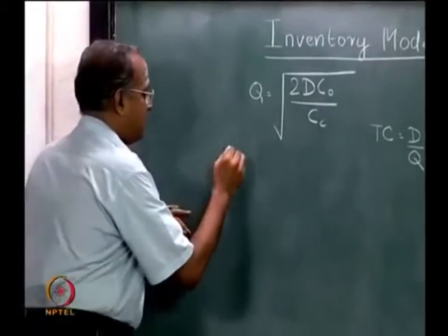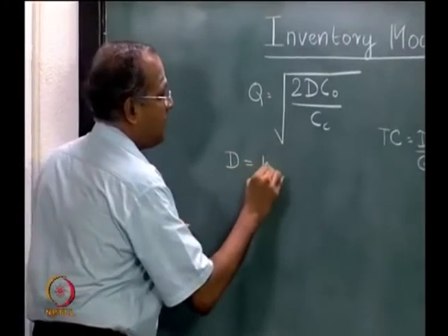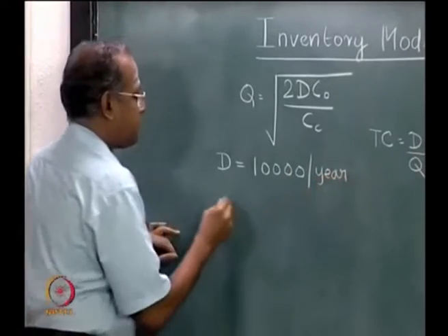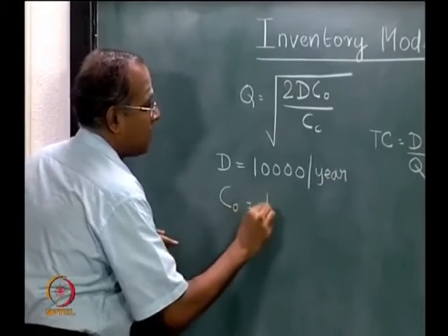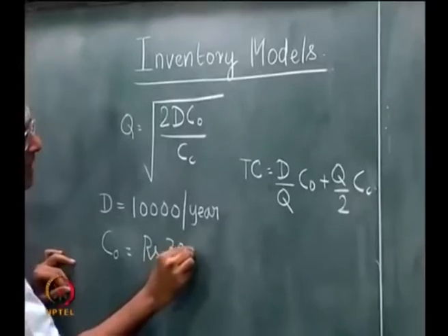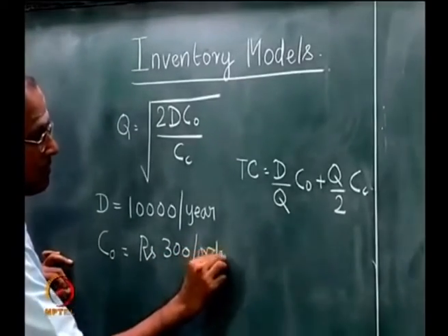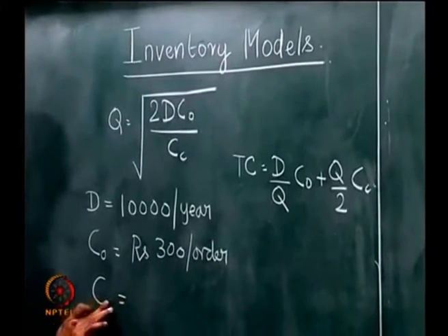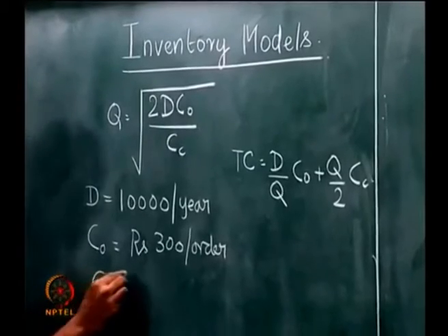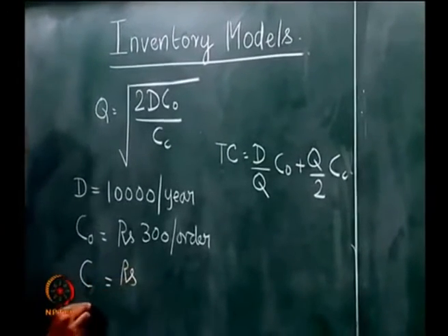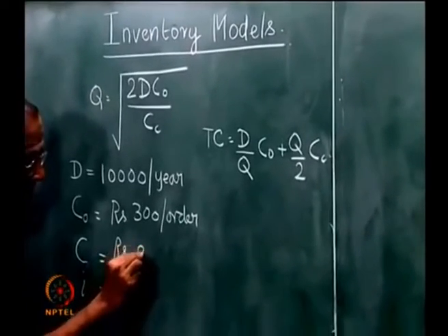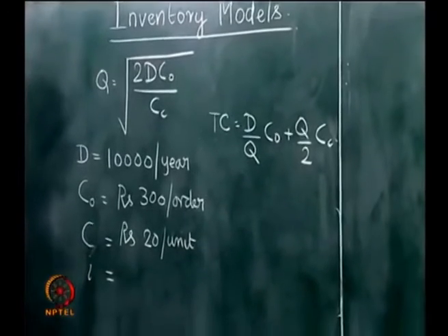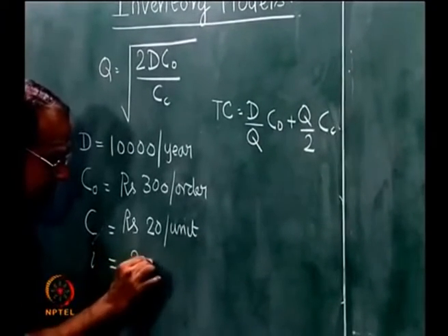Let us take an example where D, the annual demand of the item, is say 10,000 per year; C naught, the ordering cost, is say rupees 300 per order; C, the unit price of the item, is rupees 20 per unit; and I, the interest rate, is 20%.